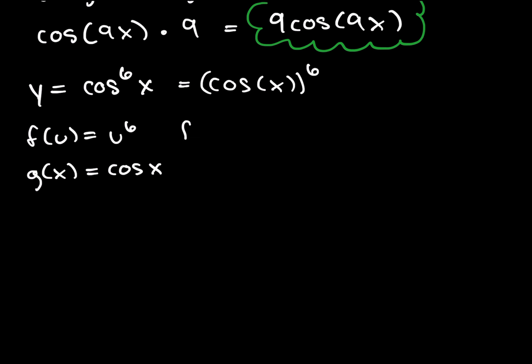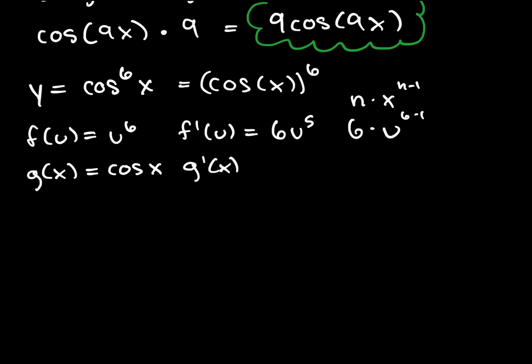And so f prime of u will be equal to 6u to the 5th power, using our power rule, n times x to the n minus 1. In this case, it would be 6 times u to the power of 6 minus 1, which is 5. And now, our g prime of x will be equal to negative sine x.